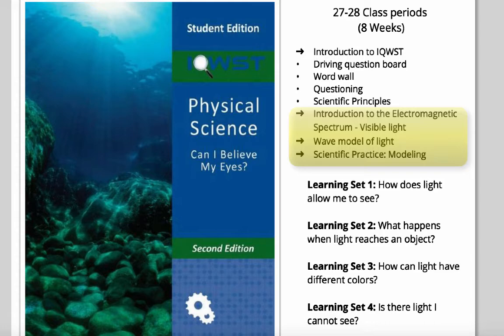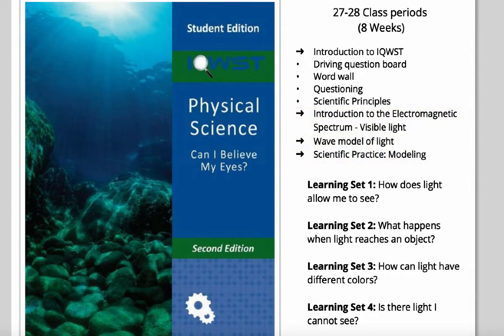And so we're going to use this very simple, common understanding of how we see and how our eyes work and how light interacts with that, so that students have something they can observe, they can take data and start making meaning of this seemingly basic concept of light, but is quite more complicated than we first think of. The wave model of light will be introduced at the very end, and modeling is the big scientific practice. While there are certainly other practices included in this unit, modeling is the big one.